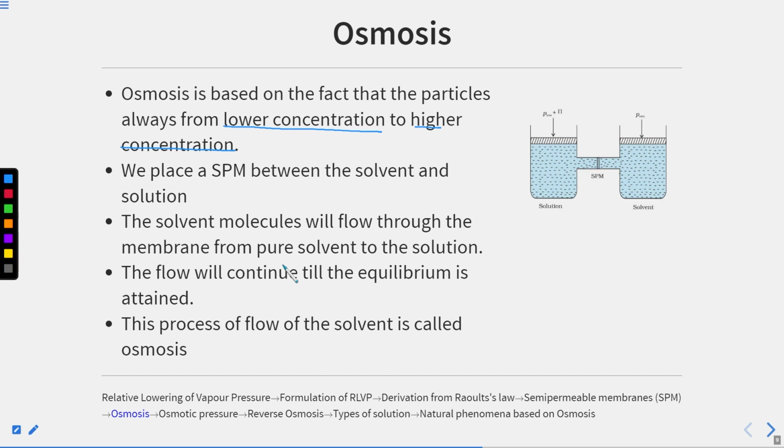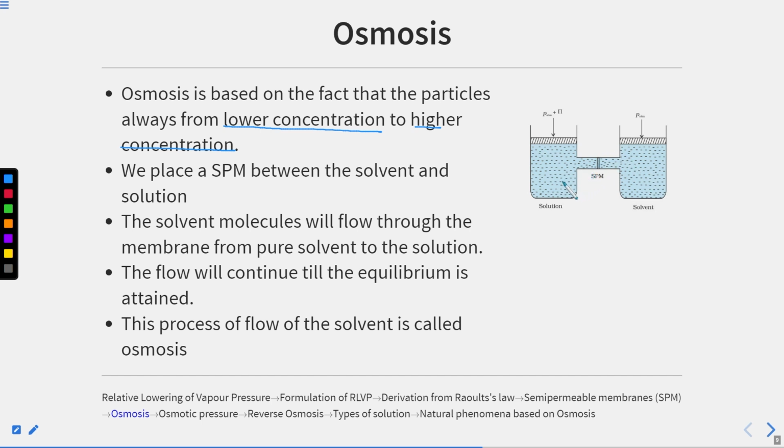Now what we do is take two such solutions. In one we have only solvent, and in the other we have a solution, and we put our SPM here.